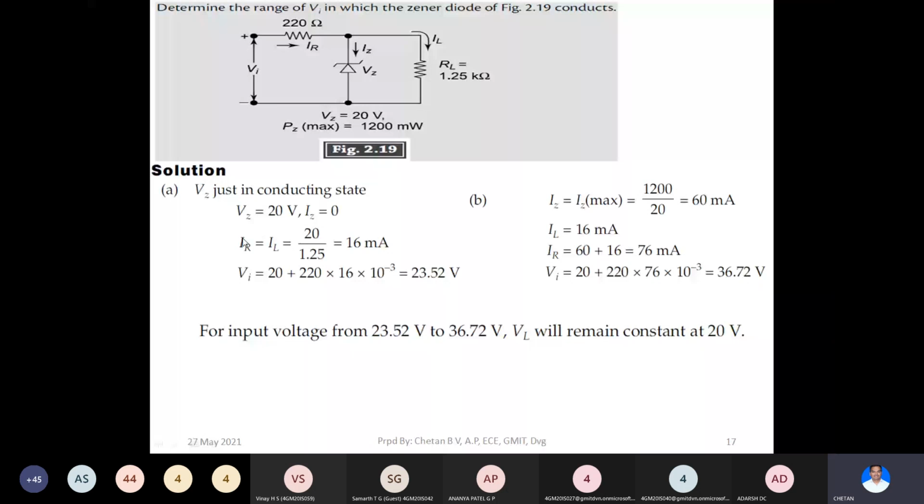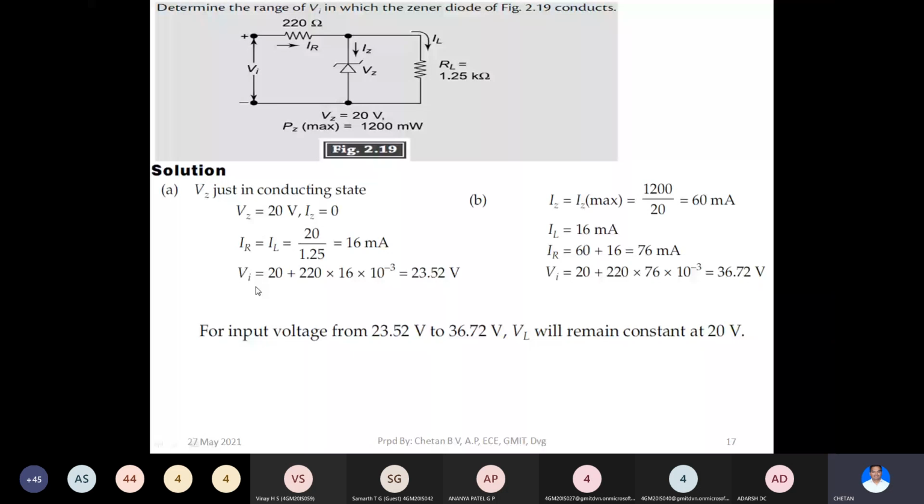Then afterwards, to find out the minimum value of Vi, you have to add the potential difference across this with the voltage across this RL. Then only you will get the total voltage Vi. Therefore, the total voltage Vi will be equal to 20. What is 20? 20 is the reverse breakdown voltage.